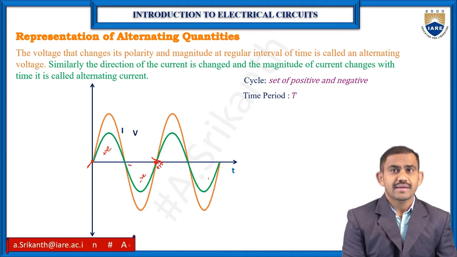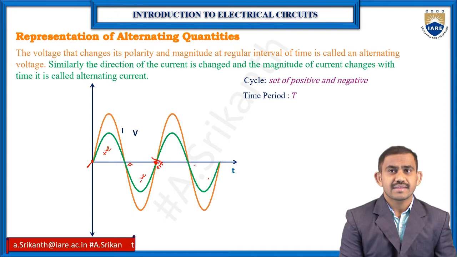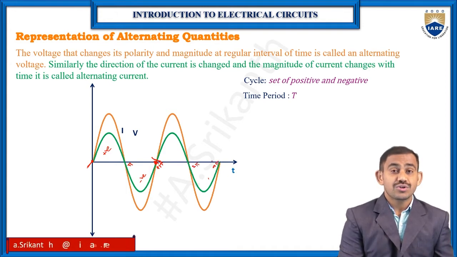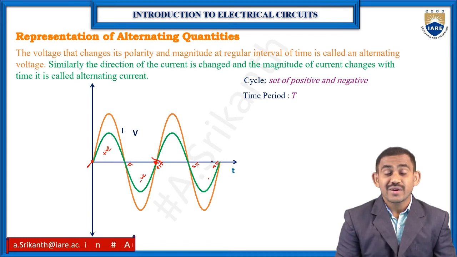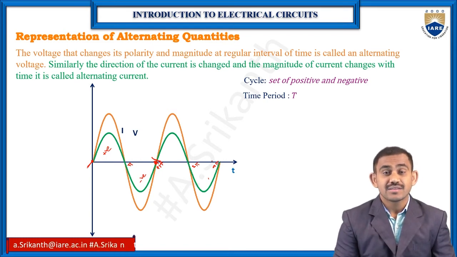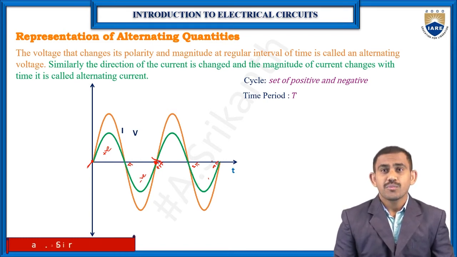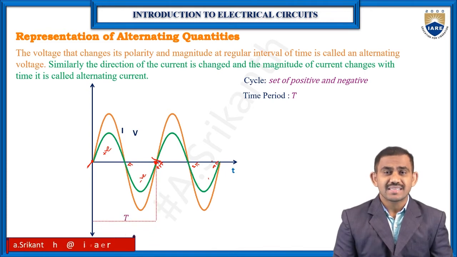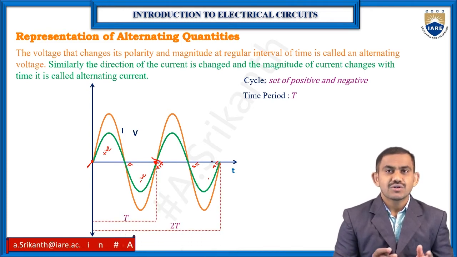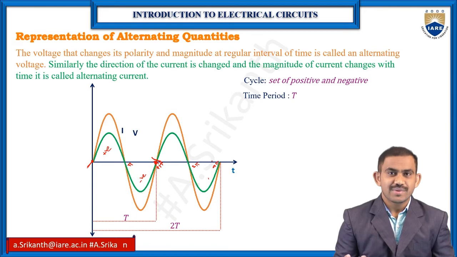So pi, 2 pi, 3 pi and 4 pi. So 0 to 2 pi is your time period. Clear? This is the first time period, and this is your second time period. So in total we have two time periods.